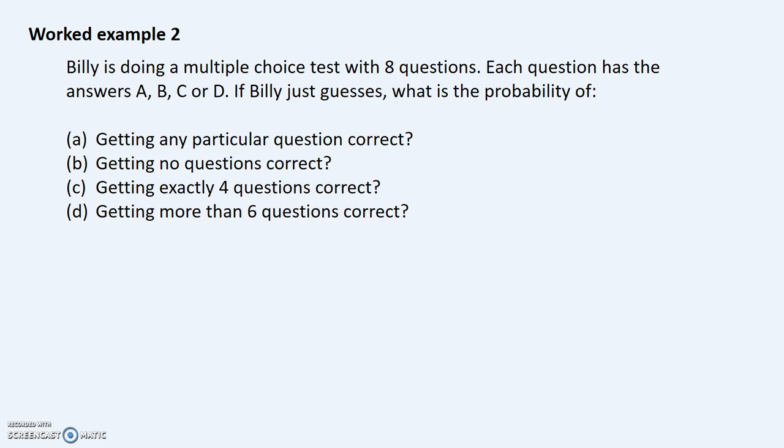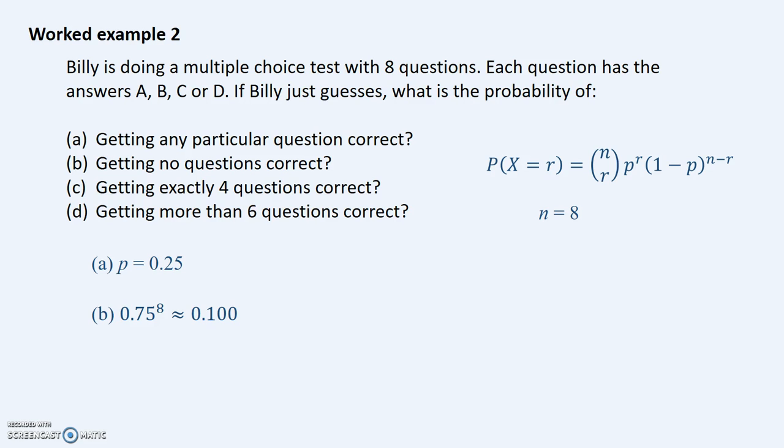Billy is doing a multiple choice test with 8 questions. There's A, B, C, or D. So that's 4 choices. So the probability of guessing correctly is 1/4 for any particular question. No questions correct means that he's going to get them all wrong.